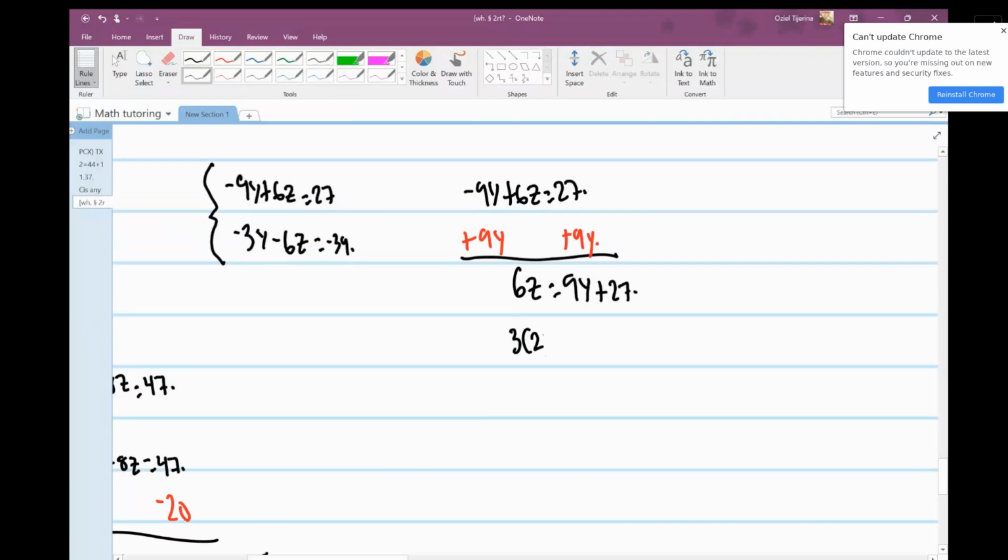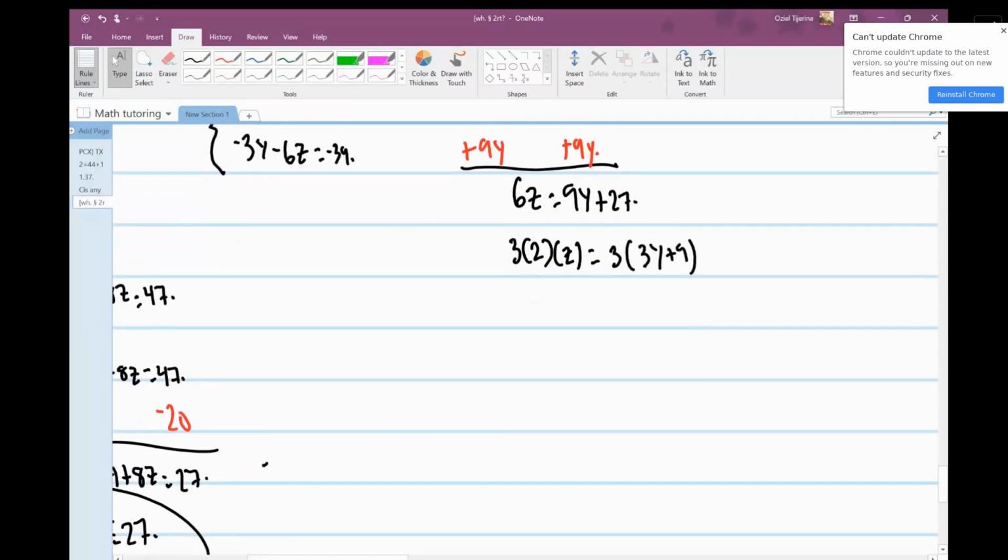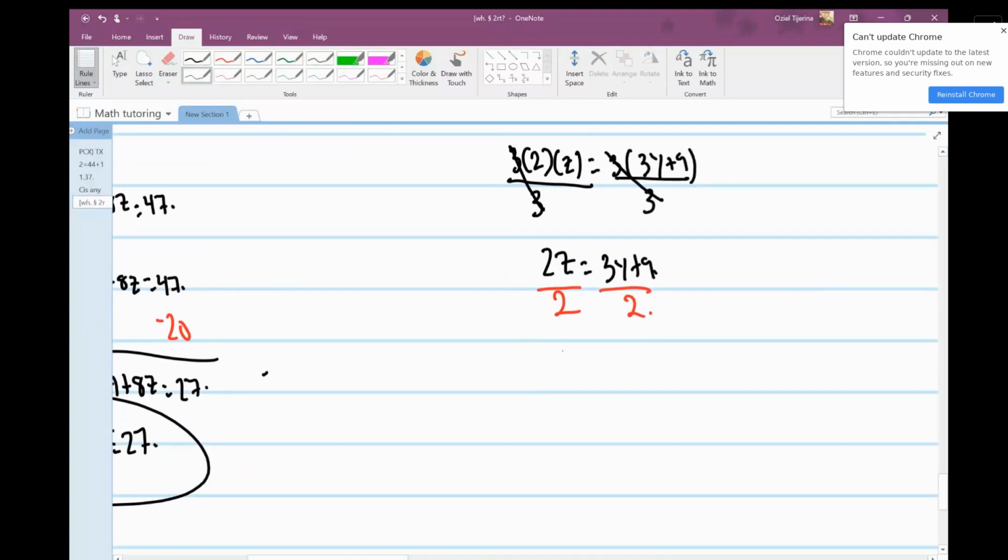If we factor out a 3, we get 3 times the quantity 3y plus 9. Dividing out, this gives us 2z equals 3y plus 9. Now divide by 2 on both sides, which gives us z equals 3y over 2 plus 9 over 2.